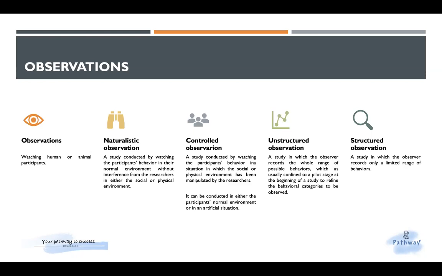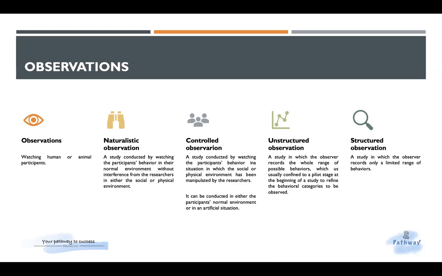And then separately, there are structured and unstructured observations. With the unstructured observation, you look at the whole range of possible behaviors. Could be anything from eating to going to the toilet and taking a shower in the bathroom.